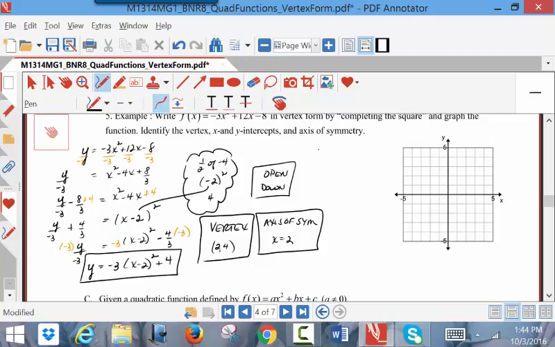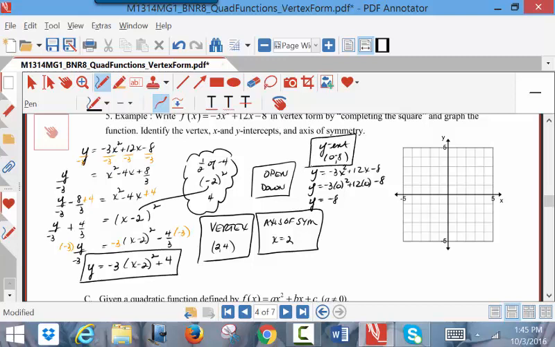Ooh, this is getting ready to be easy. You can do this one in your head, really. If you go back to y equaling -3x squared, the standard form, what is your y-intercept going to be? -8, right?